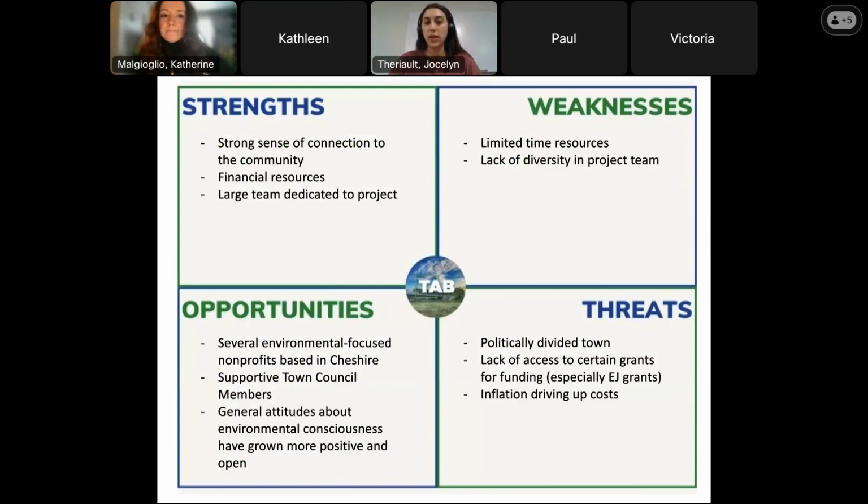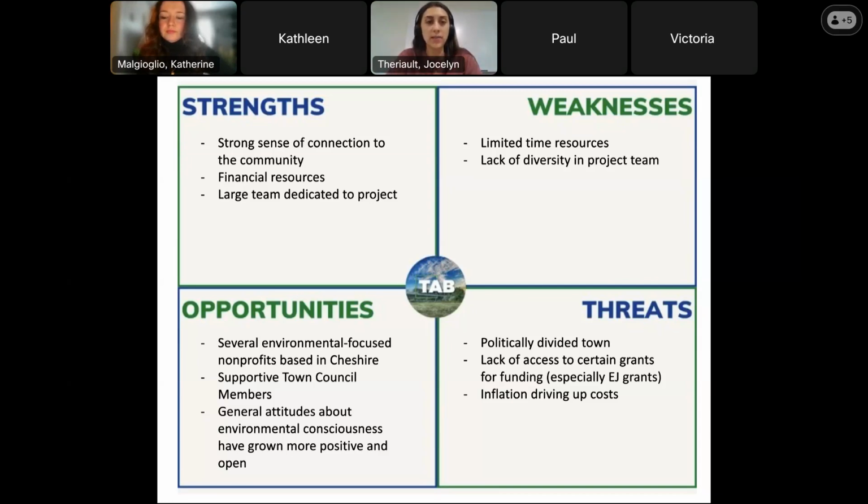So the strengths and the weaknesses are all going to be things that I have identified as living within that team, and the opportunities and threats are going to be factors that lay outside of it. And I'd be happy to go through this more if there are questions at the end. If anyone has questions about differentiating between the two of those, I'd be happy to get into that more.